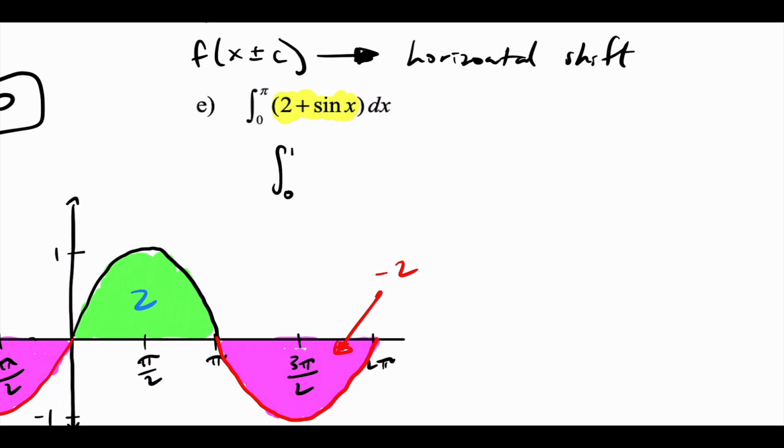So in other words, we can say the integral from 0 to pi of 2 dx plus the integral from 0 to pi of sine of x dx. That's probably an easier way to do it, but it's the same idea.